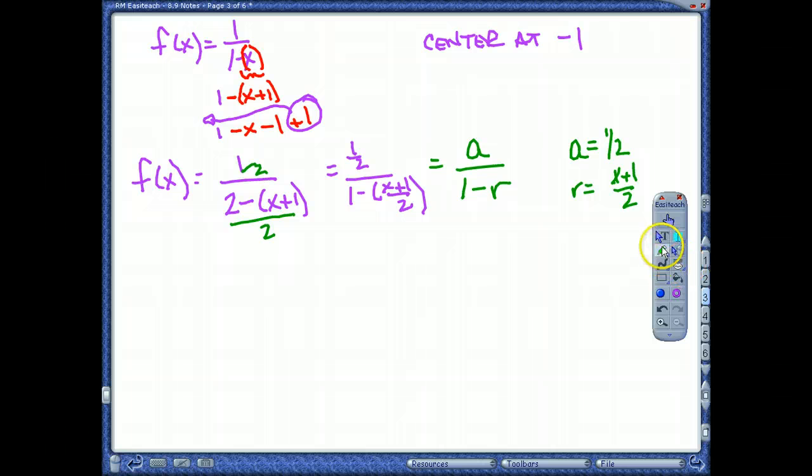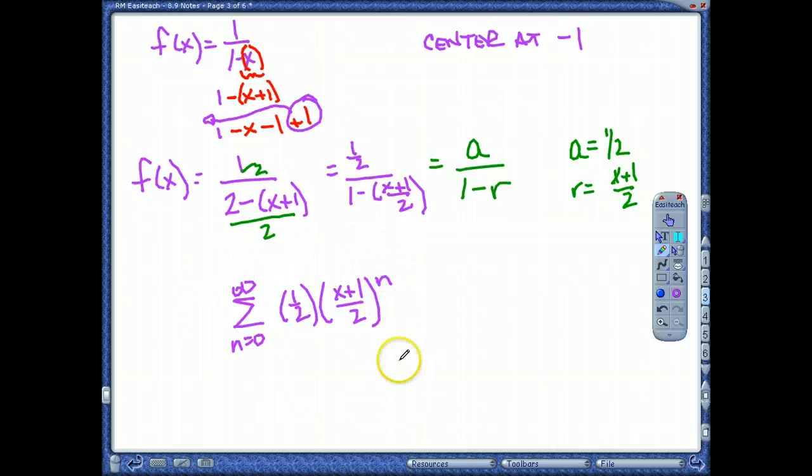So when I go to write out my power series, I'm going to have a little n equals 0 to infinity, my a, which was 1/2, my r, which is (x plus 1) divided by 2, to the nth power, and there's my power series that is going to represent this function, which I've garbaged all up with the red, this function that is centered at -1.